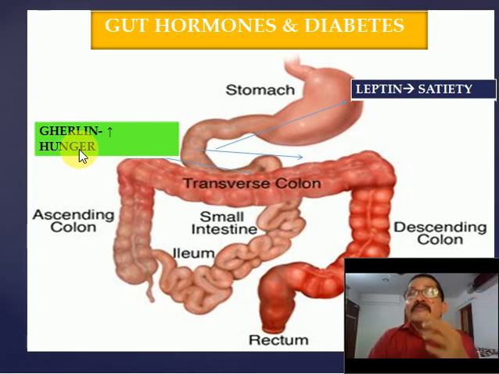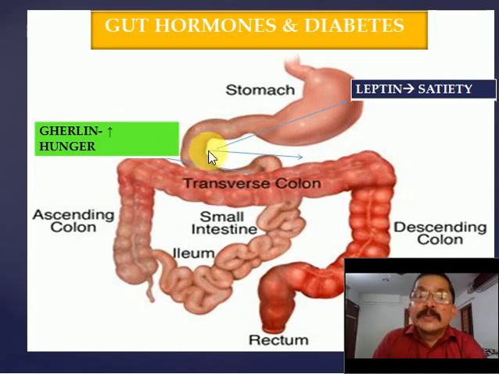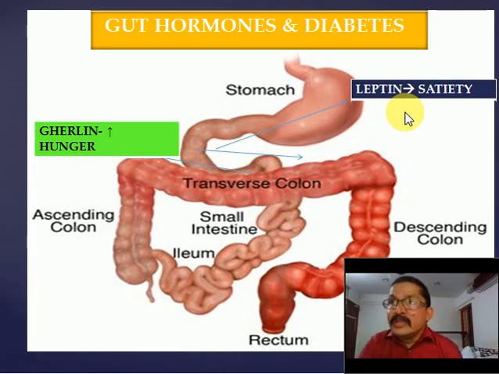That means whenever we become very weak, automatically we feel hungry, a sense of appetite. And at the same time, after having food, the specialized cells of our GIT, especially in the second part of the duodenum, will release the hormone known as leptin. The release of leptin will communicate with our brain, and only then do we feel a sense of satiety.